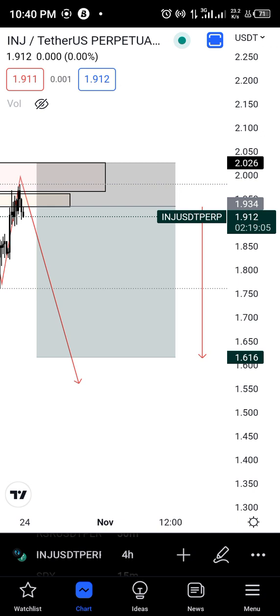Please take note: whether it is a buy or a sell, the stop loss is always the black price line. The black price line there is 2.026, so that will be your stop loss, and your take profit is the green one down, which is 1.616.